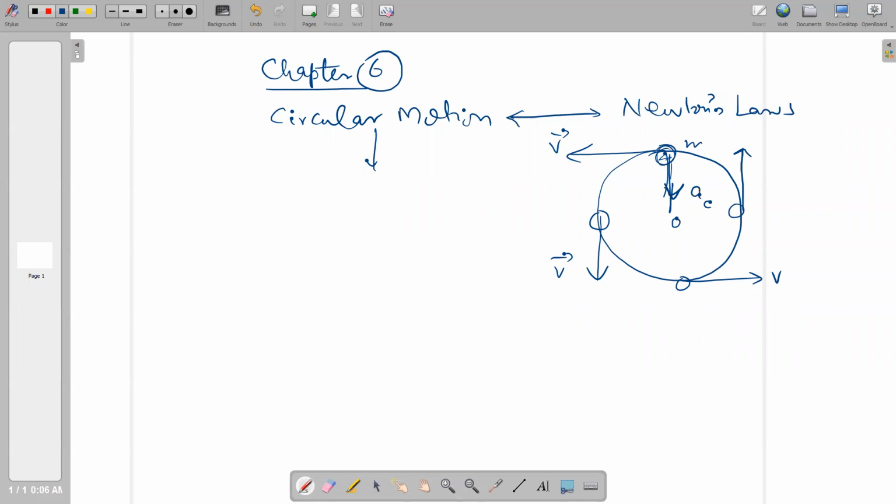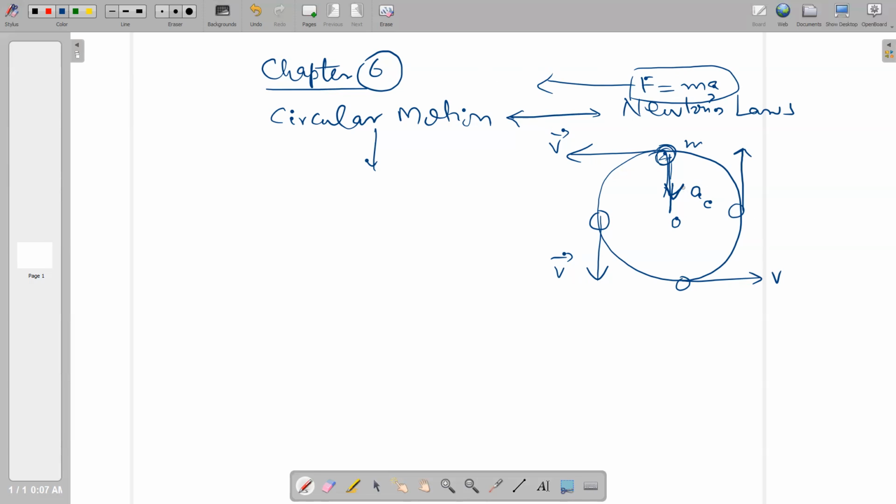So here our target is to connect this centripetal acceleration with Newton's laws of motion. Normally we will connect it with the second law of motion. The second law of motion is F is equal to ma. This force we will connect with the force which is responsible for the motion of the body in a circular track.